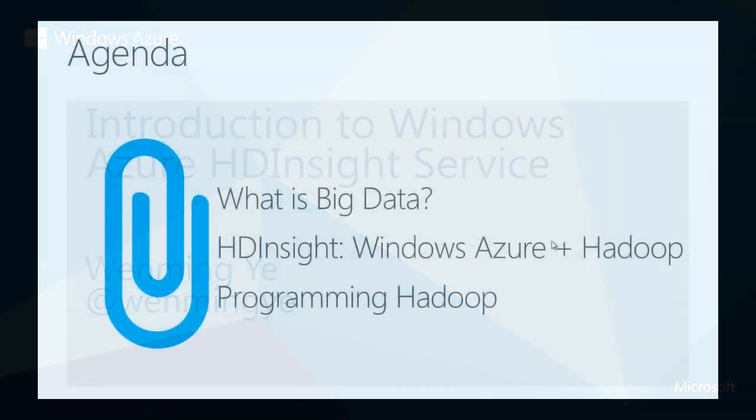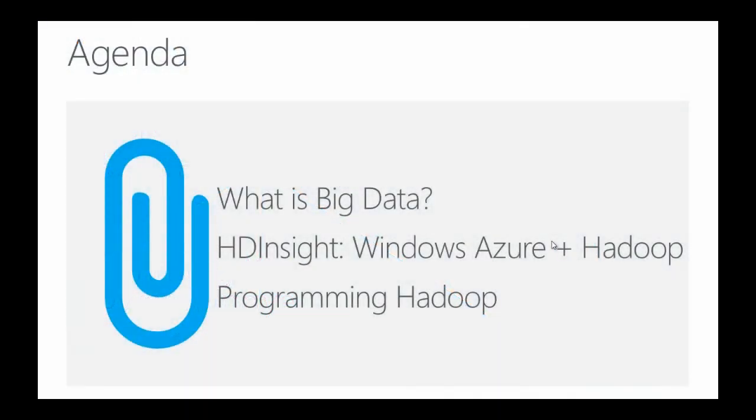Our presentation is divided into 3 sections. We'll take a look at what big data means in today's context in terms of use scenarios. Then I'll explain the architecture and ecosystem of Hadoop. This is the first video, and then in the second video we'll cover how Windows Azure HDInsight works as a Hadoop service.